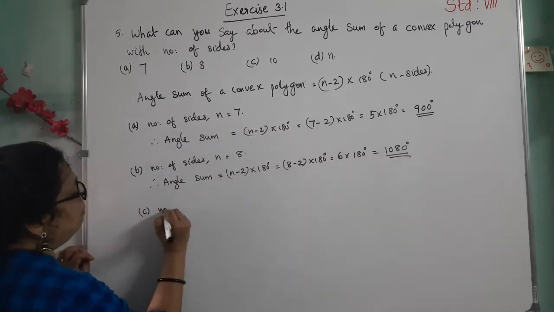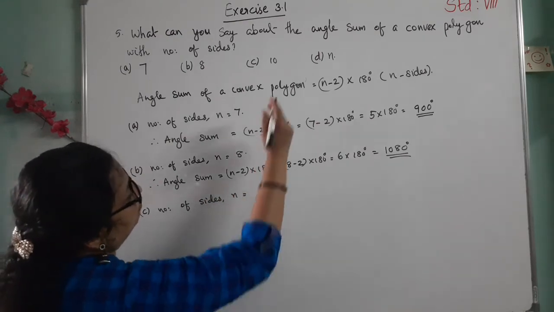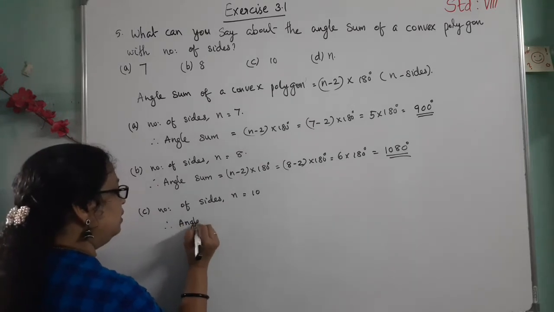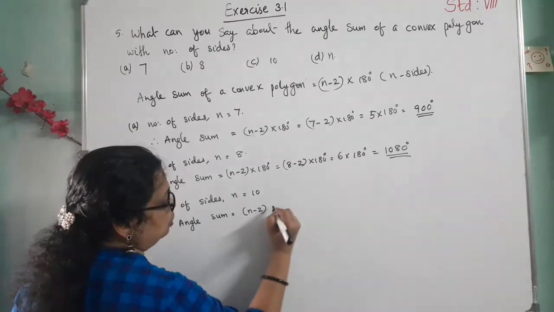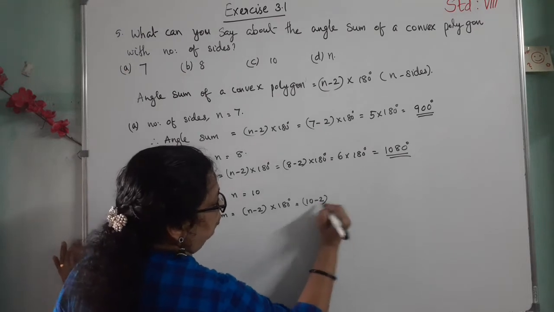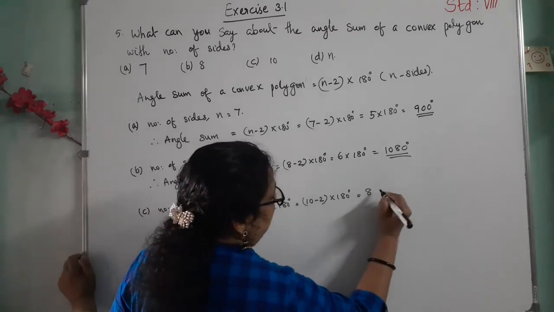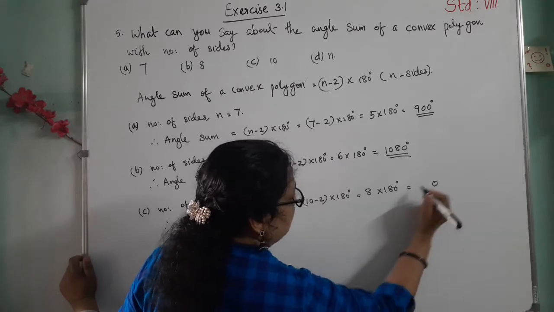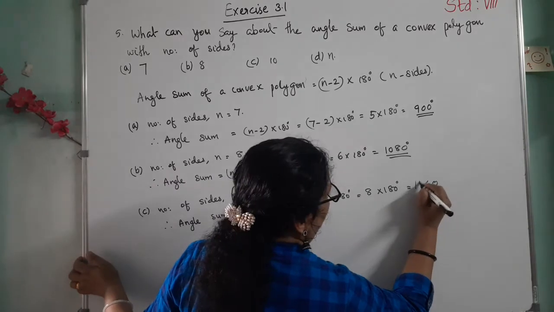Then see, number of sides n equal to 10 here. Therefore angle sum equal to, first write the equation, (n minus 2) into 180 degrees, that is (10 minus 2) into 180 degrees. 10 minus 2 is 8, 8 into 180 degrees: 8 into 0, 0; 8 8s are 64, 6 carrying; 8 into 1, 8, plus 6, 14.